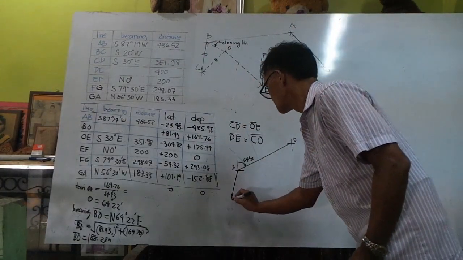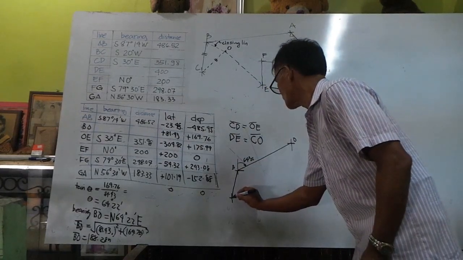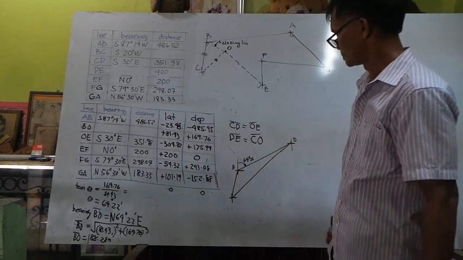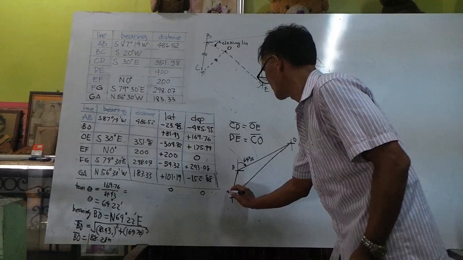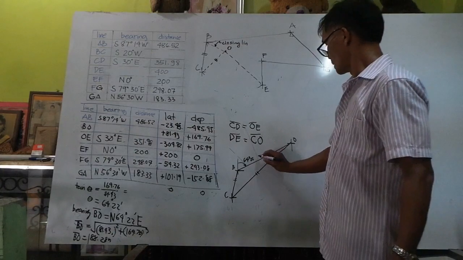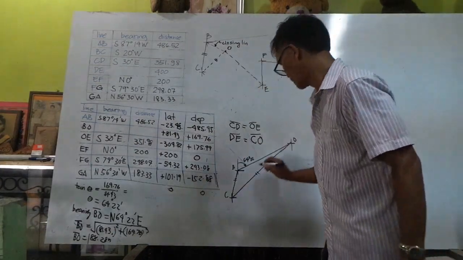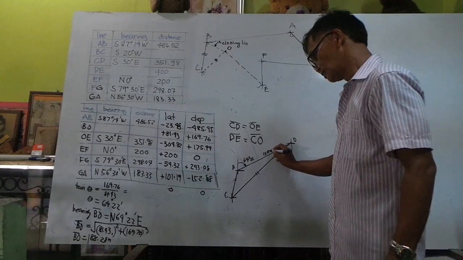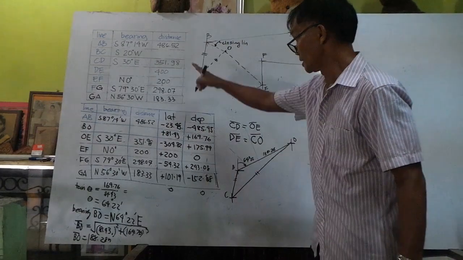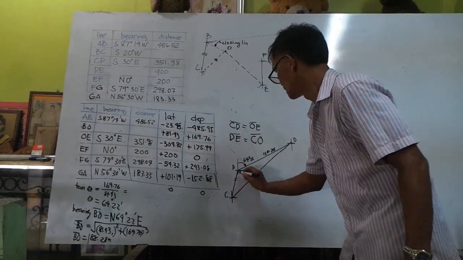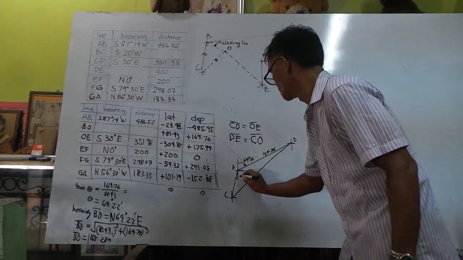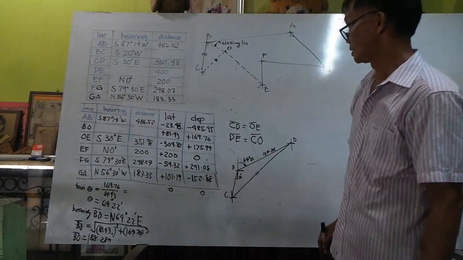So, this is our triangle, and this is our C. The length of BO is 188.28. The length of BC is unknown, but its bearing is 20 degrees southwest.